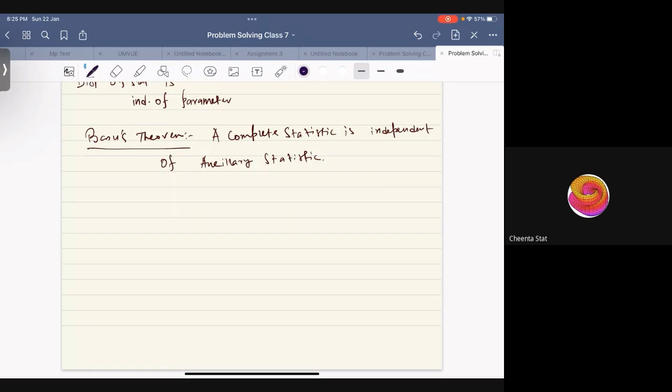If it is dimension n, then your target is to reduce that dimension n to a lower one, like a two-dimensional statistic or one-dimensional statistic, so your data is reduced but the 100% information content remains. That is the definition of sufficiency. The minimal sufficient statistic is a function of every other sufficient statistic, right?